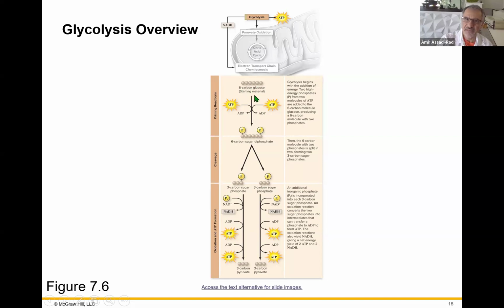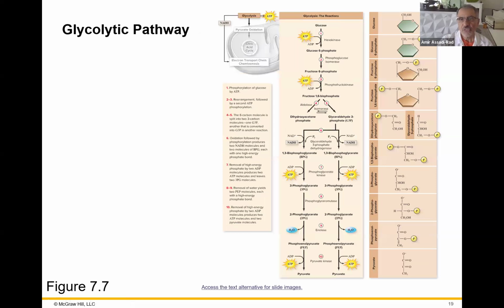When pyruvates are formed, you made 4 ATP. I talked about that. And of course, you made 2 NADH as well. Everything in there you should know. He's mentioning where the ATPs are coming up step by step, the 10 steps.